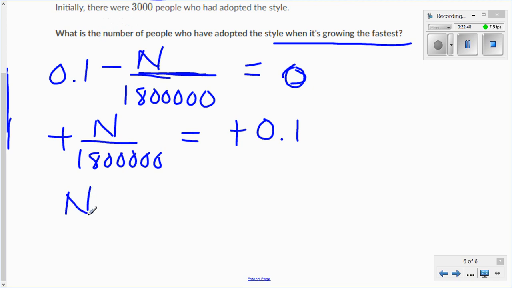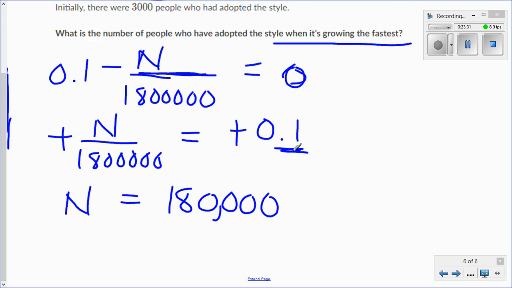So we'll get N equals, and then that is our carrying capacity, 180,000. All I did is just move my decimal one place to the left, or basically you just drop a 0. If you're multiplying 1/10 times the 1,800,000, then you just end up dropping a 0. And now we're at 180,000.